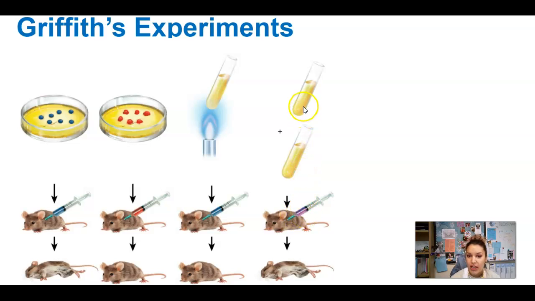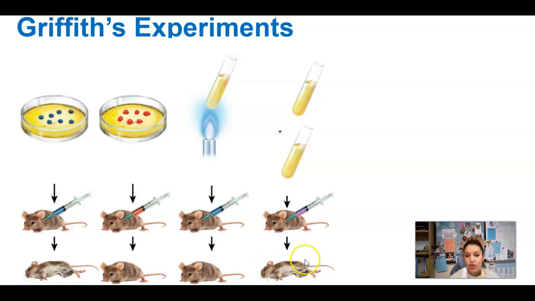What we're looking at here is a heat killed. We did put the heat killed in here, but it also had some of the live good bacteria. So if you have good live bacteria, but you still have the heat killed bad bacteria, and you put those two together to create this purple substance, what you're going to find out is that the good bacteria's DNA will transform into bad, because even though it was heat killed, there's still DNA floating around in that substance.